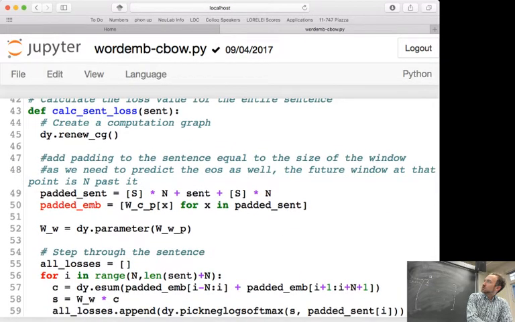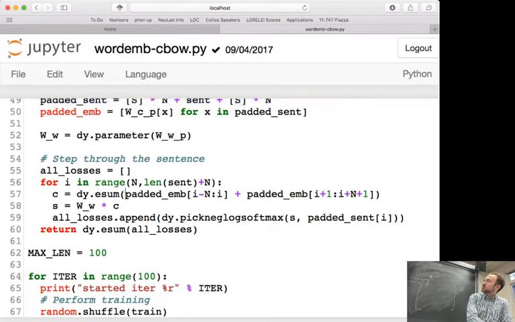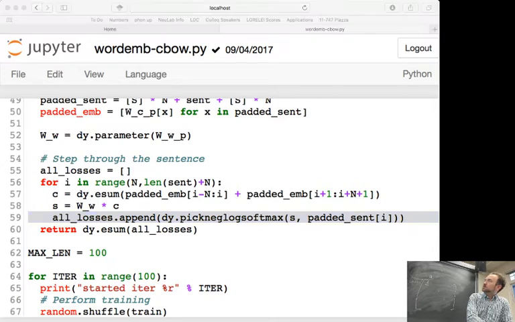Then we create a padded sentence. So when the context on the left or the right goes off the edge of the sentence, you pad the sentence on that side. Then our loss is the sum of the embeddings on the left side and the embeddings on the right side, and then we multiply this by the matrix and calculate a loss here. That's the sum, and everything else is like the language modeling part.